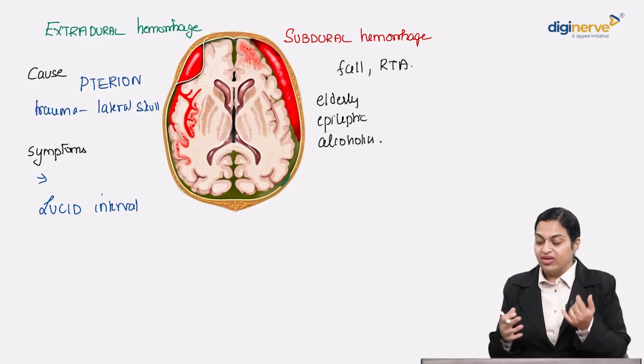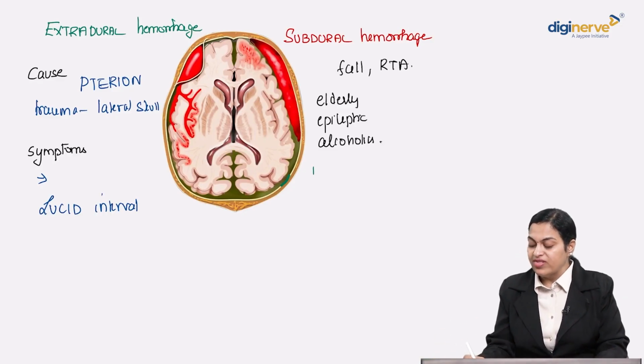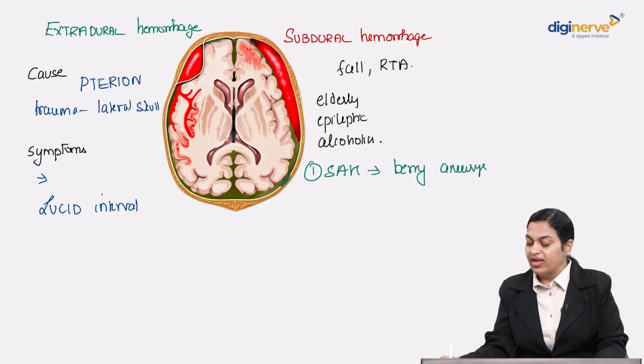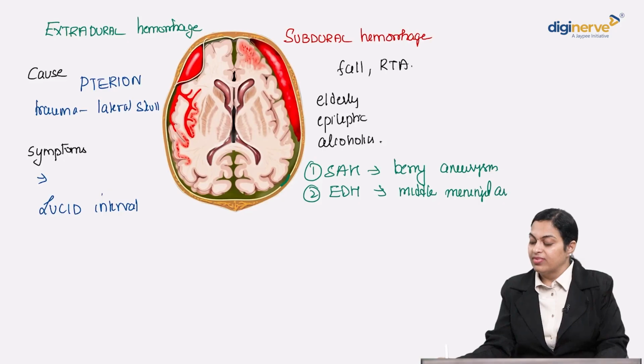Okay, and yes, what are the types of hemorrhage we have seen so far? One is the subarachnoid hemorrhage due to rupture of the berry aneurysm. And then just now we saw extradural hemorrhage, that is due to rupture of the middle meningeal vessels, right? And subdural hemorrhage due to rupture of the cerebral veins.